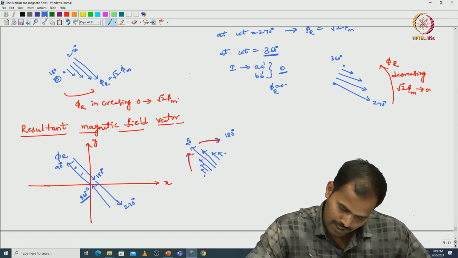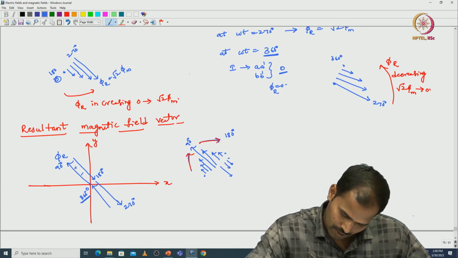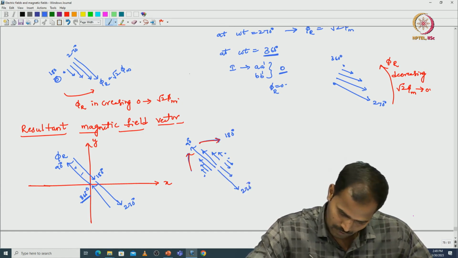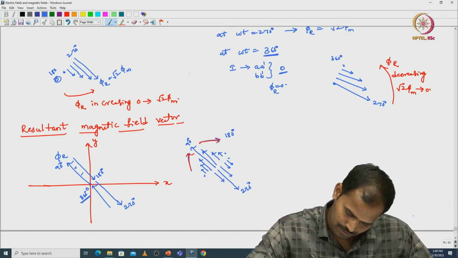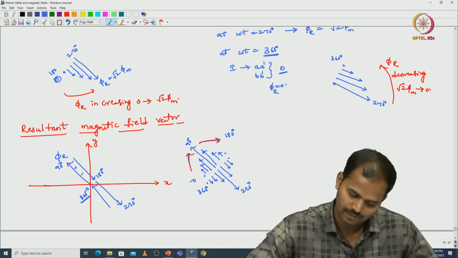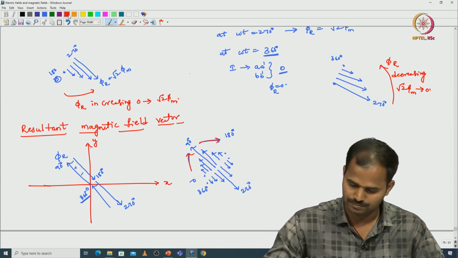Then from 180 to 270 it keeps on increasing, and at 270 degrees it will reach the maximum. Then from 270 to 360 degrees again it will go back to 0.